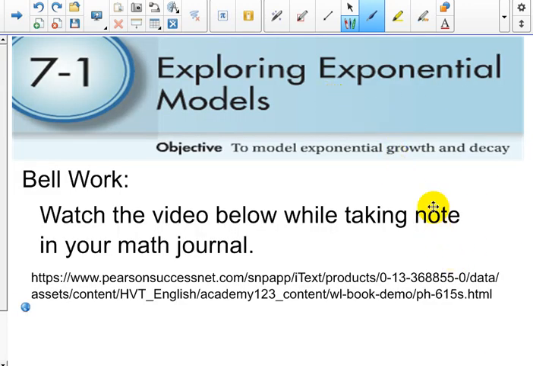So today, our first section, 7-1, is about exploring exponential models. So when you think of a model in a thing, not a human model, but what do you think of? Do you have models that you put together, like Legos or model cars? Some people are into putting together model cars.